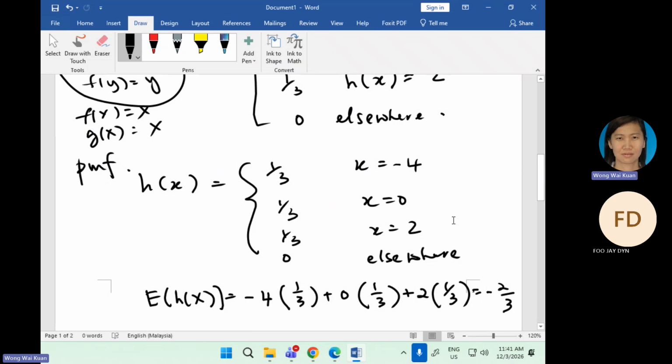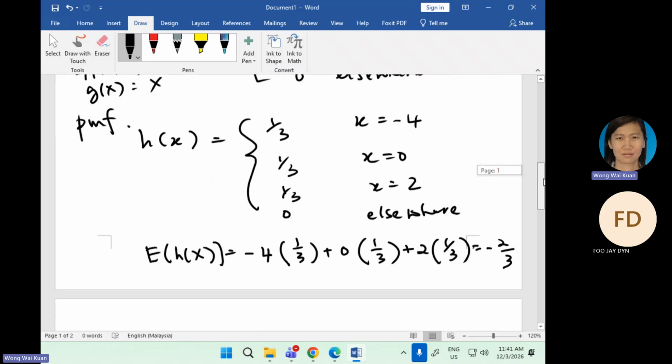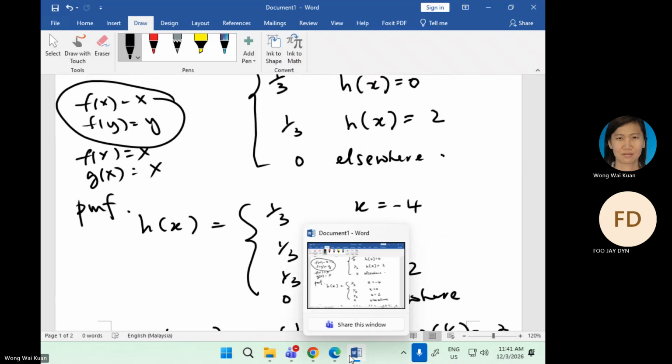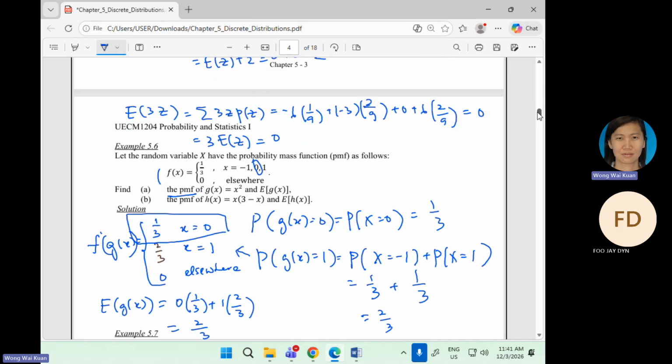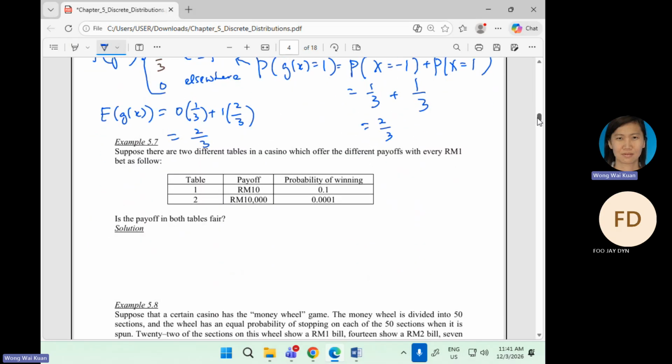So now, this is a transformation, so no relation.